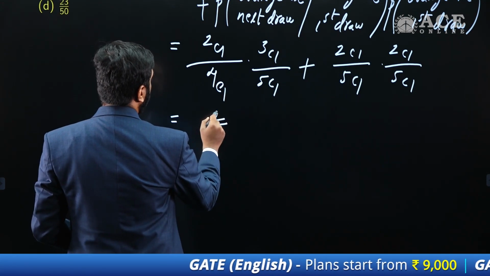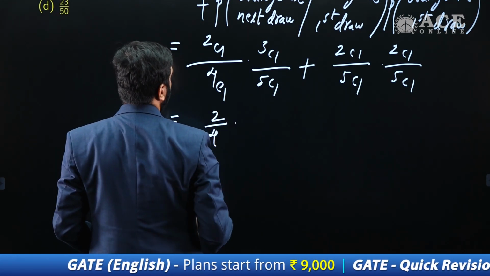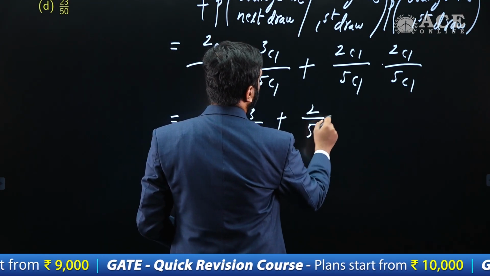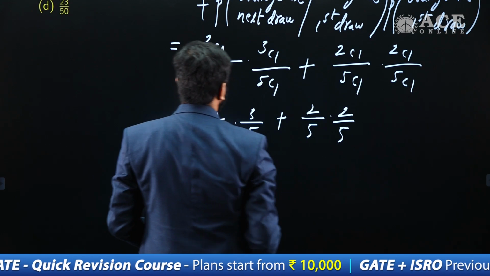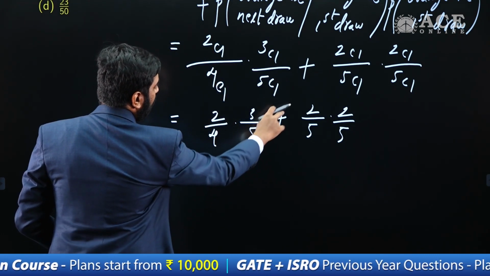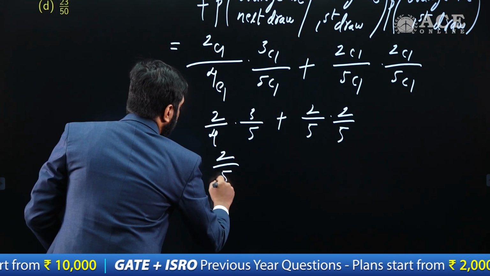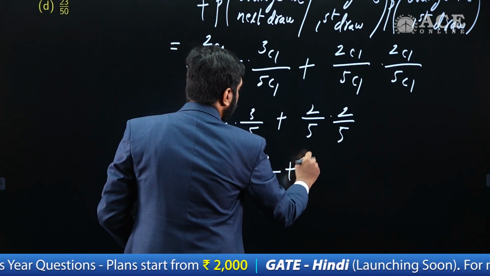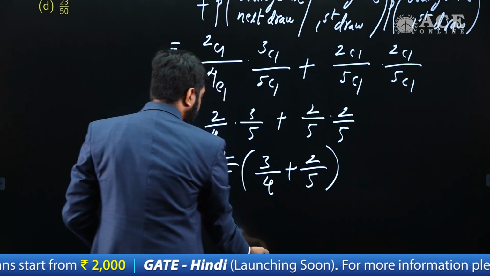You get 2 by 4 into 3 by 5 plus 2 by 5 into 2 by 5. So what's common here? I can take 2 by 5 out. So 2 by 5 is out. What is left here? So 3 by 4 plus 2 by 5. So let's take the LCM.